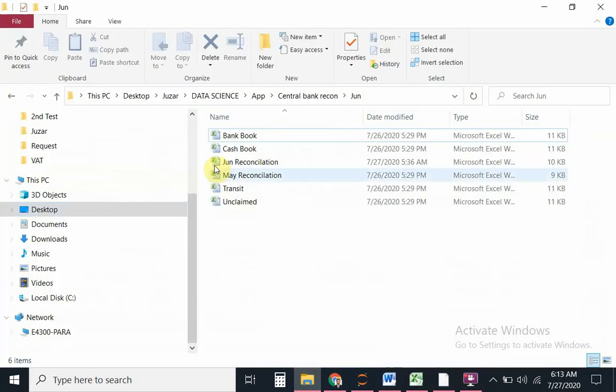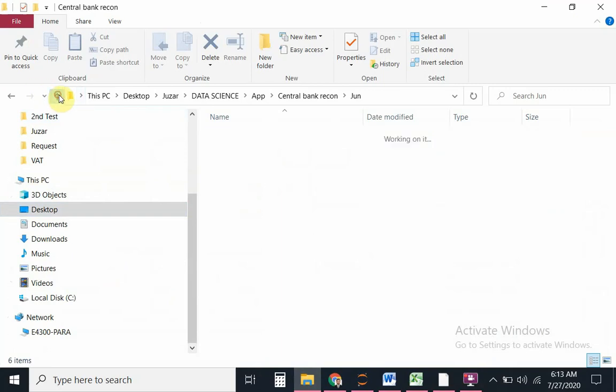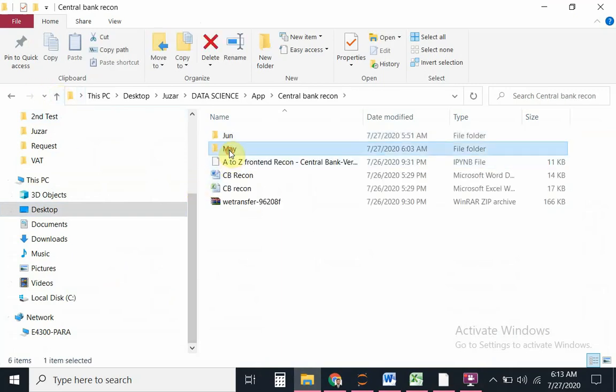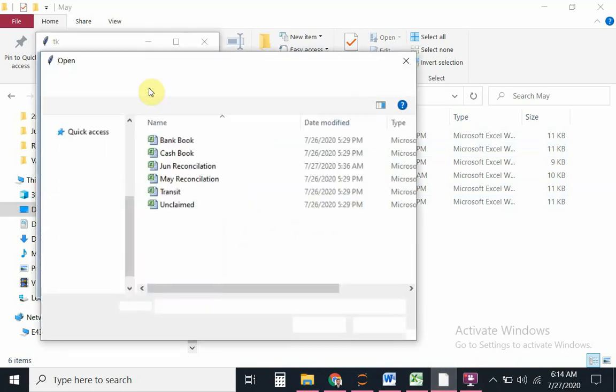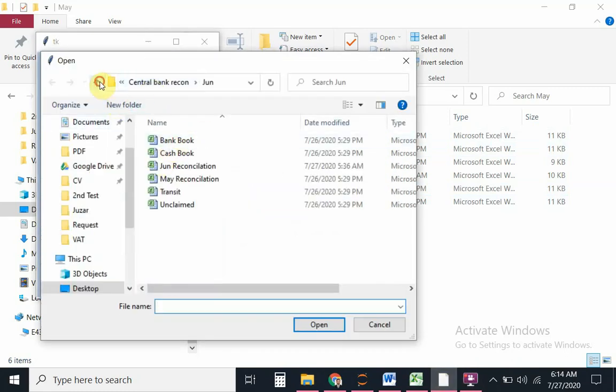In May, I have the bank account and the cash book. This is the previous month reconciliation. This is the transit account, and this is the unclaimed fund. First we start with May.